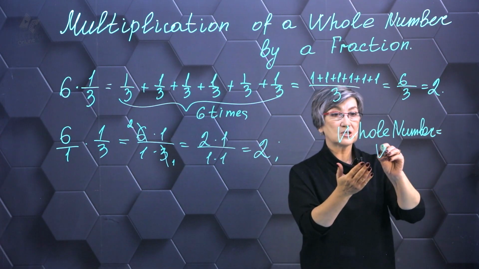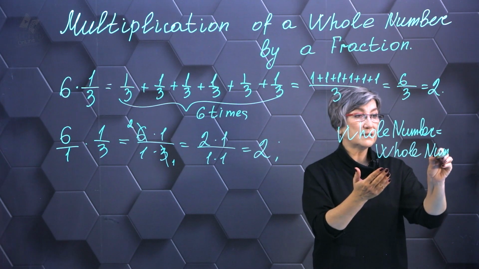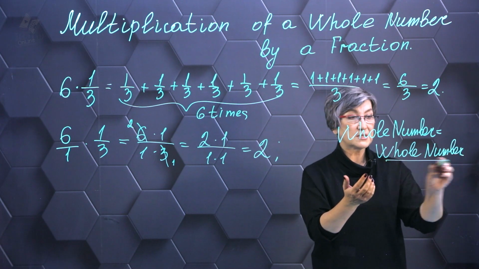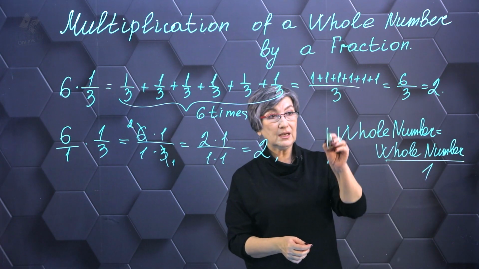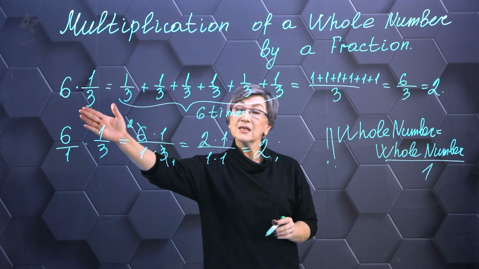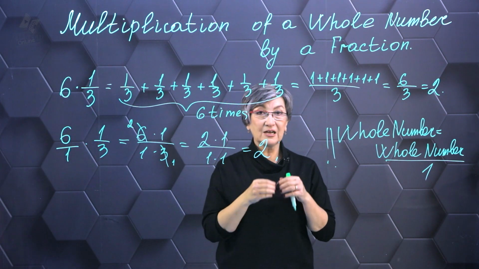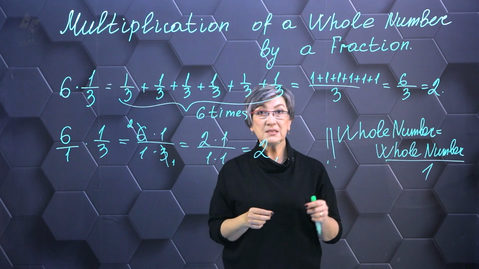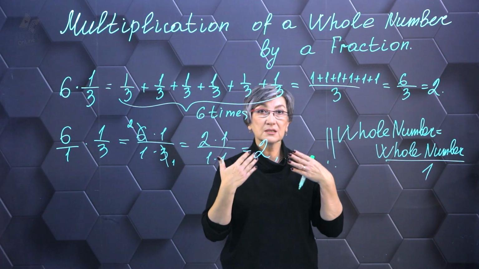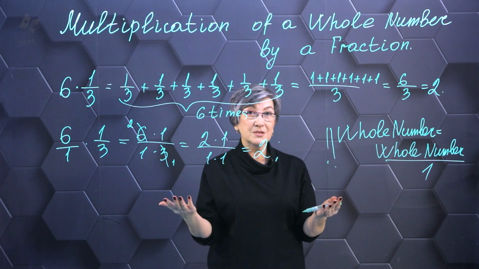I have to write down the same whole number and the denominator as 1. So that's what we need to memorize. That is, in order to multiply a whole number by a fractional number, we need to represent the whole number as a fraction with denominator 1, and then we return to what we already know. So we multiply the numerator by the numerator and the denominator by the denominator.